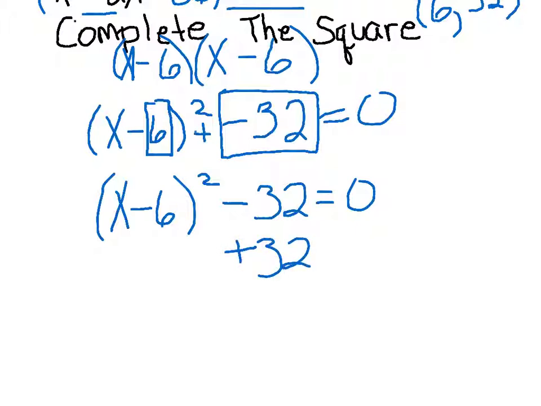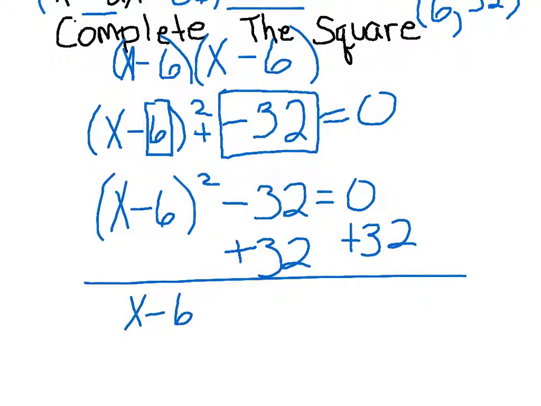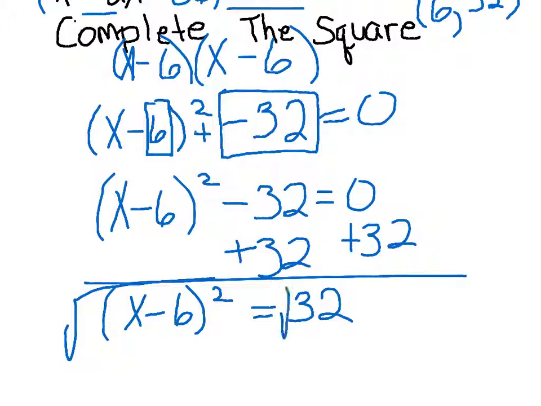So I'm going to add 32 to both sides to get x minus 6 squared equals 32. I need to take the square root of both sides, plus and minus. So I will have x minus 6 equals, let's see, 32 is what? 16 times 2. What's the square root of 16? 4. And I'm left with the 2 here.